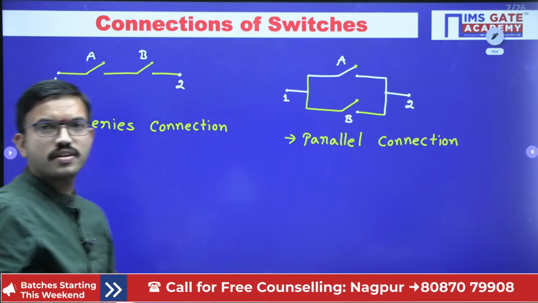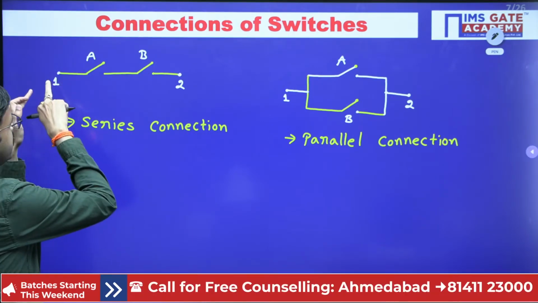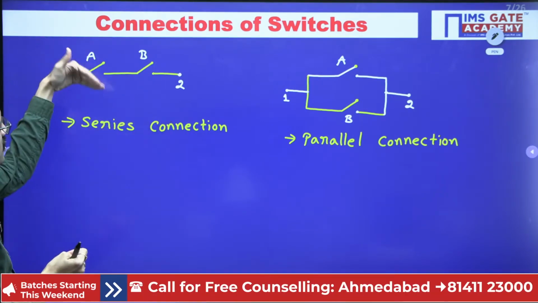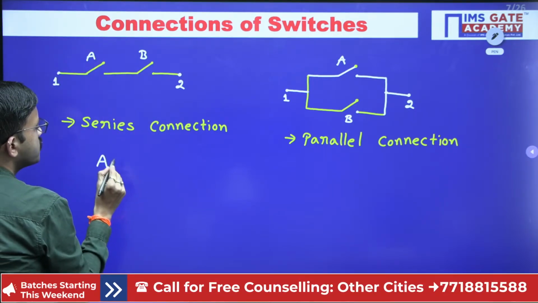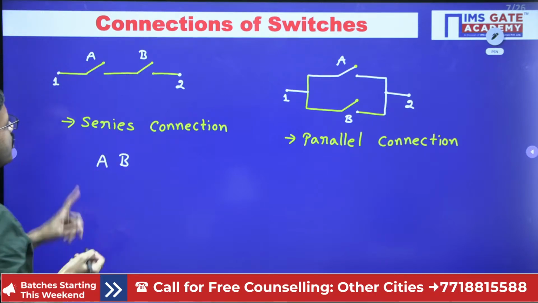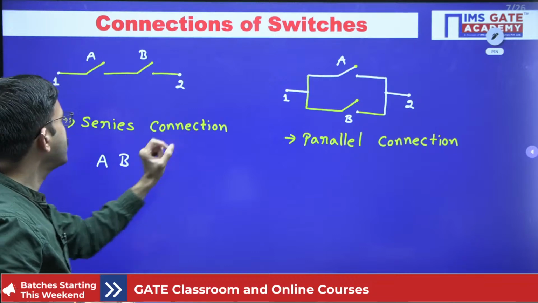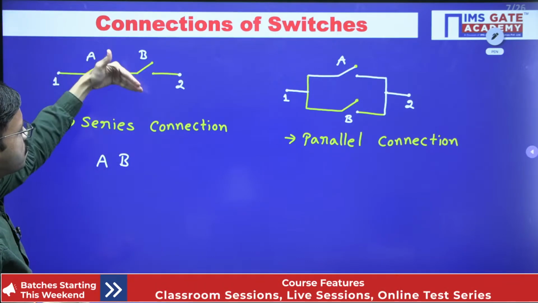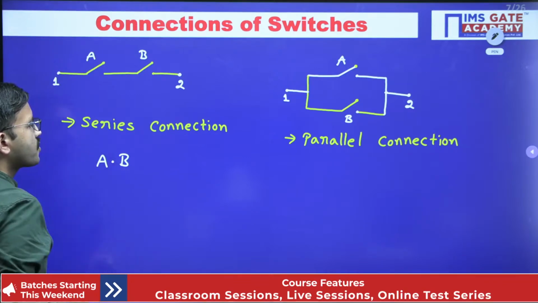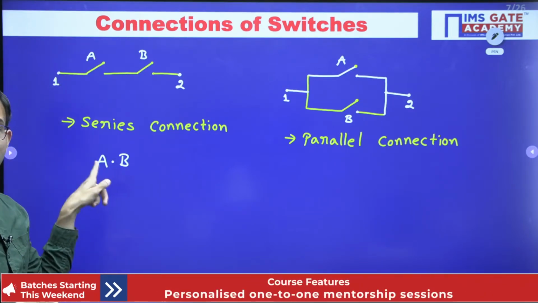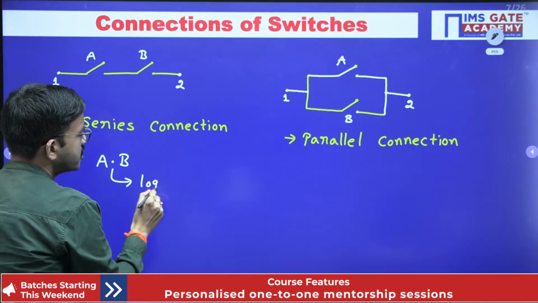Now, here we are saying that if you want to connect terminal 1 to terminal 2, both the switches must and should be closed. That means here we are using one operator between A and B. Here both switches must be closed, so we use the dot symbol, the logical AND operation.